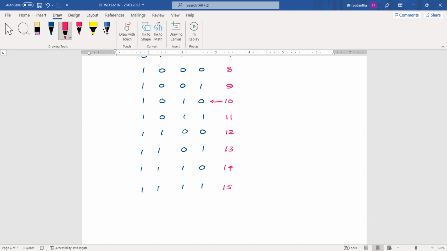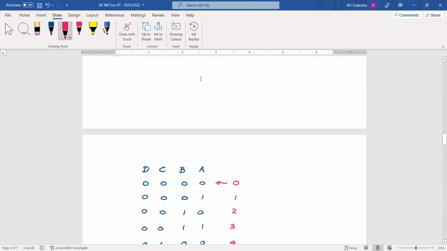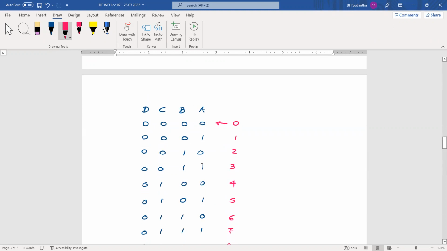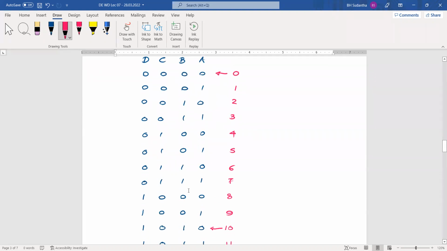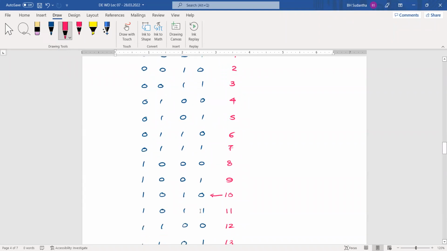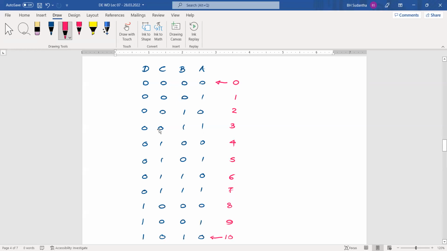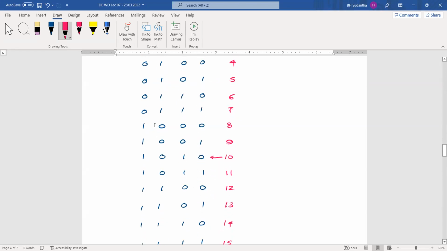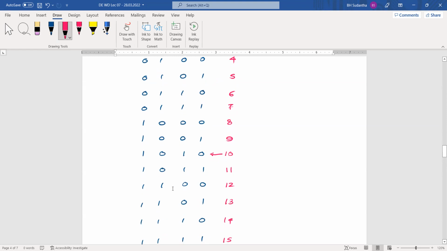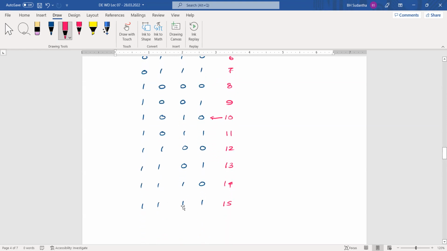After coming to 1, 1, 1, 1, what will happen? Here, you can see after coming to 1, 1, 1, it again starts 0, 0, 0, 1, 1, 0. For the third bit also, after coming to 1, 1, 1, it starts again from 3 zeros going up to 1, 1, 1.